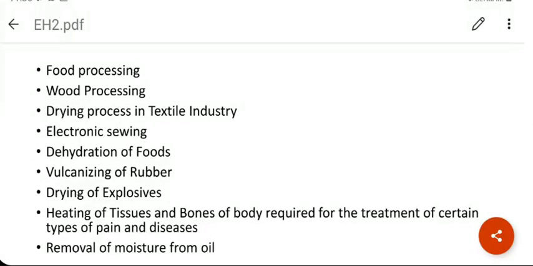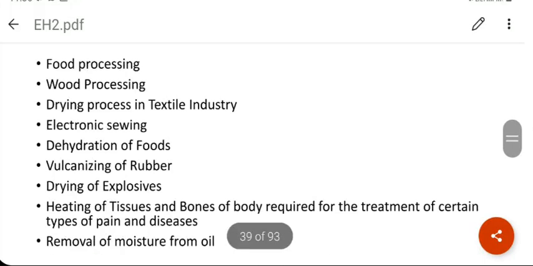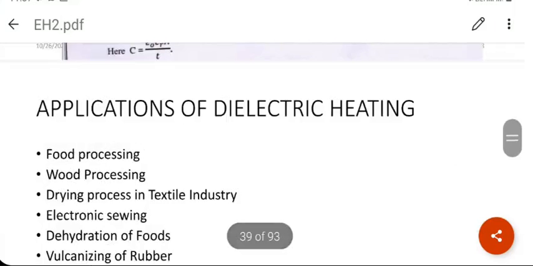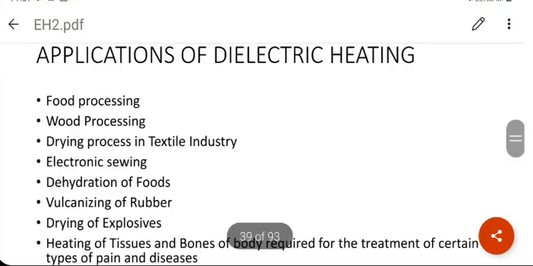Explosives that the military uses are typically conditioned using dielectric heating so that they are dry and long lasting again. Heating of tissues and bones of the body is required for the treatment of certain types of pain and diseases. That definitely requires high frequency heating, which is dielectric heating.